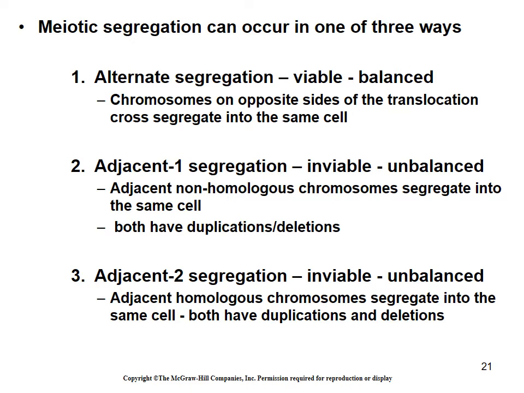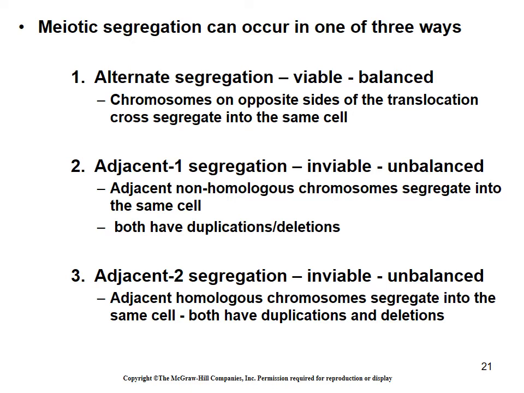We have what we call alternate segregation, which is when the chromosomes on opposite sides of the translocation cross-segregate. Then you have adjacent segregation. The first option is adjacent non-homologous chromosomes that segregate within the same cell. Your second option is adjacent homologous chromosomes, which also segregate within the same cell.